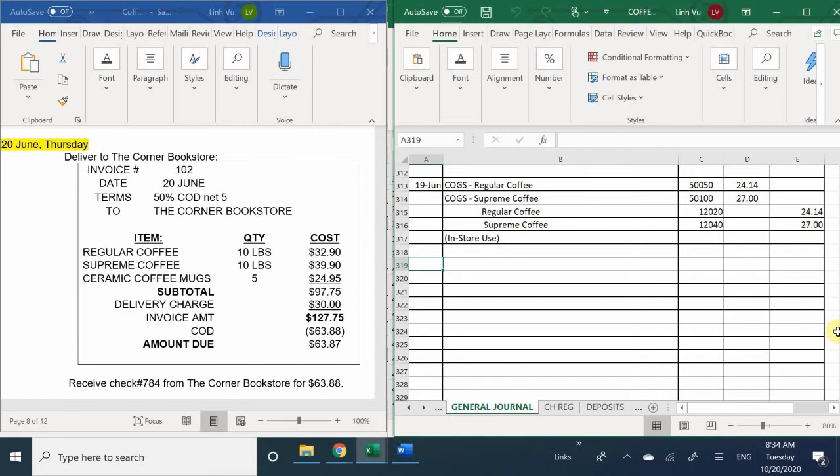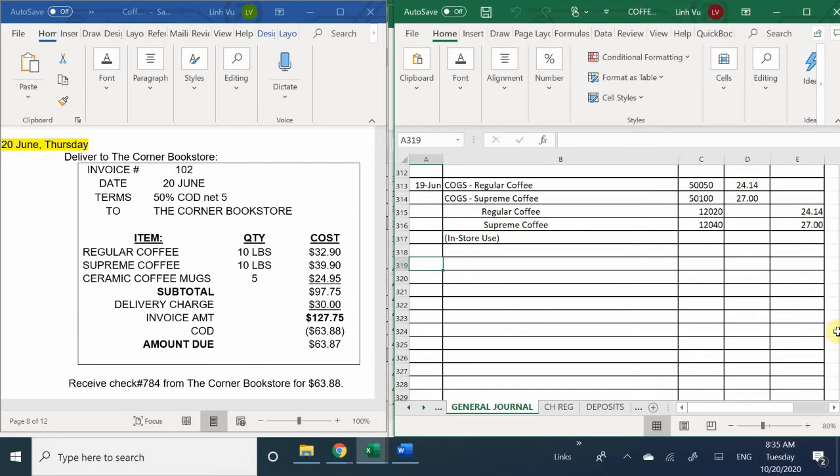Delivery charge $30, subtotal $97.75. Invoice amount $127.75. Amount due $63.87. And my check was received from the corner store for $63.88.